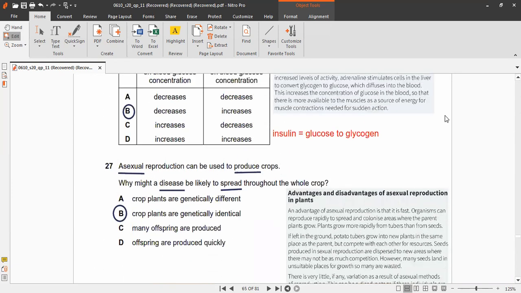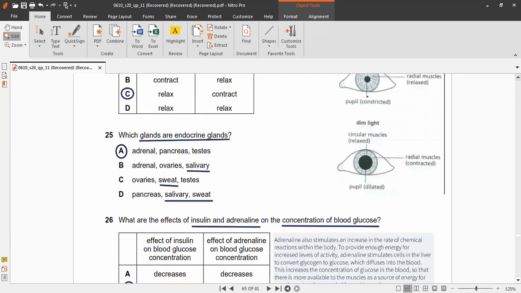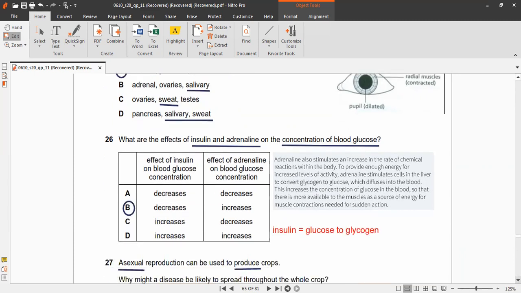So the correct answer is A, adrenal and pancreas and testes. Because salivary and sweat glands are not endocrine glands. What are the effects of insulin and adrenaline on the concentration of blood glucose?